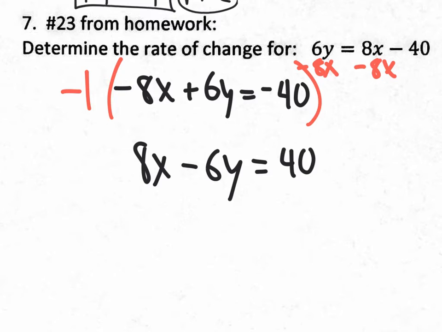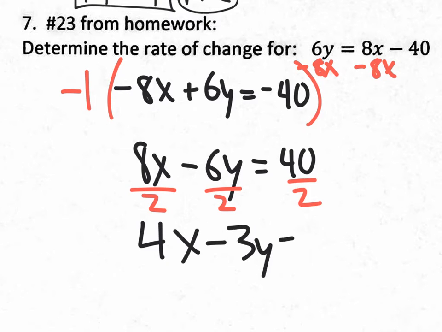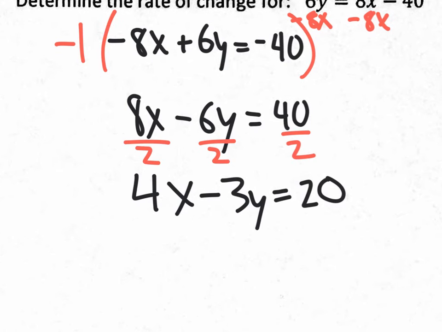And then the 8, the 6, and the 40, those all have a common factor. You could divide all those values by what? By 2. So let's divide them all by 2 to make it a little easier for us. You're going to have 4x minus 3y equals 20. Okay? That's your standard form equation.